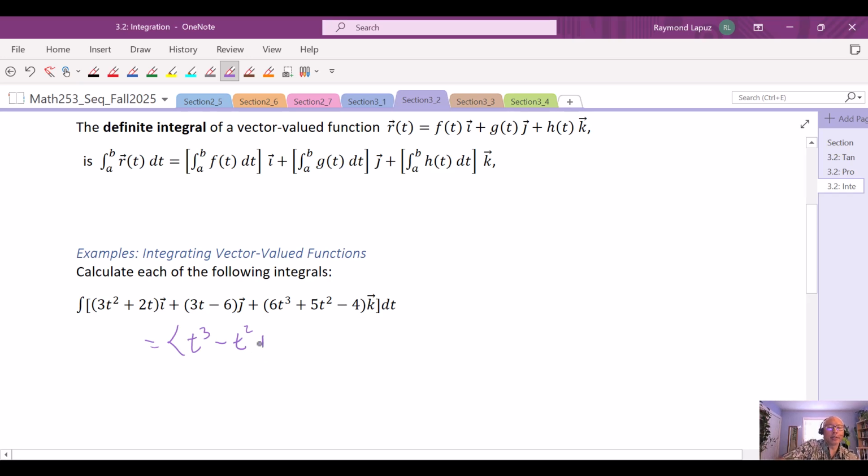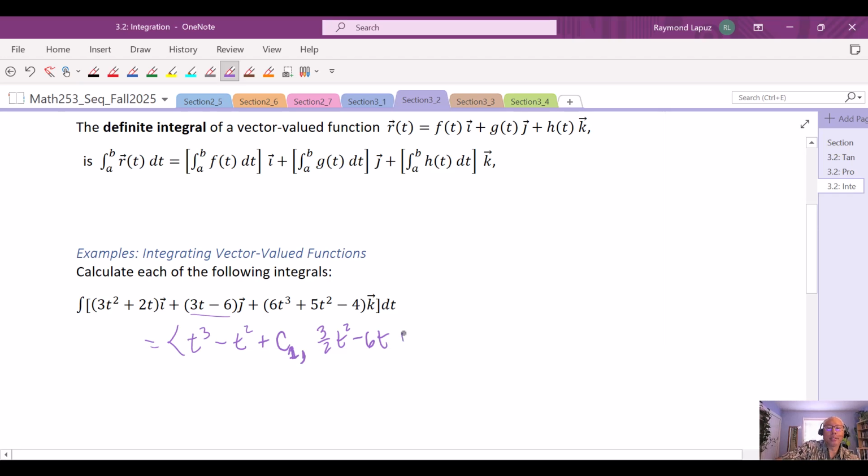Now, if we add an arbitrary constant, I'll be adding 3 constants, so I'll put subscripts on these. The first one would be c1. This is a comma. And our second antiderivative is going to be 3/2 t squared minus 6t, and then you throw in the constant.